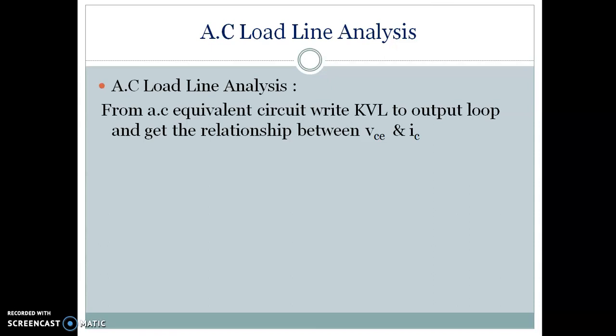Similarly here, to get your AC load line, we take up the AC equivalent circuit and write the KVL to the output, and we get the relationship between the variation in your VCE and IC.